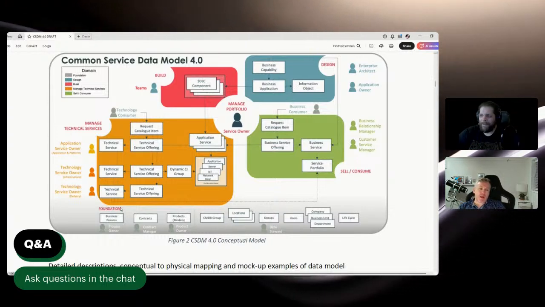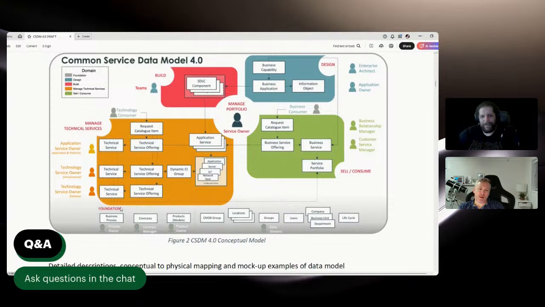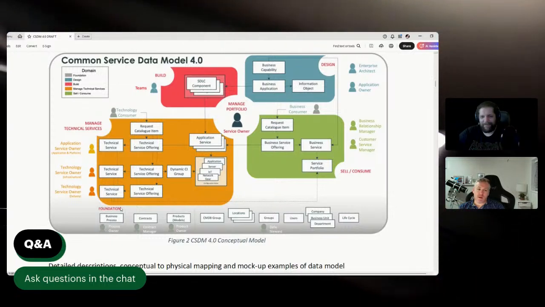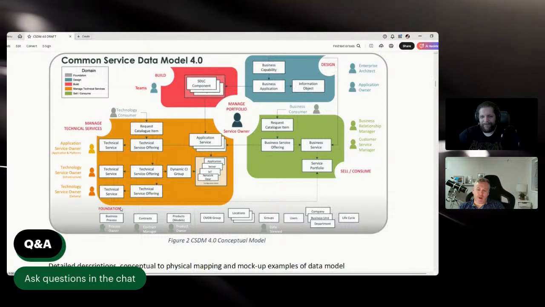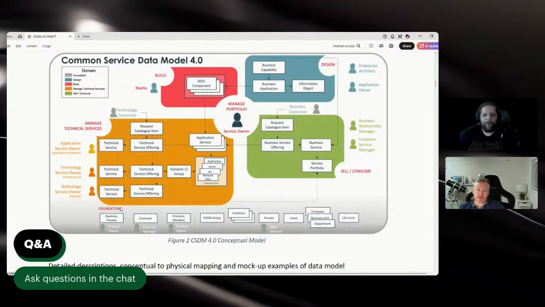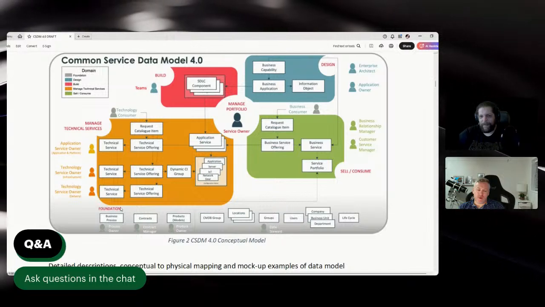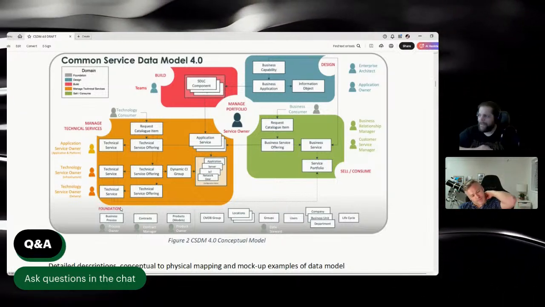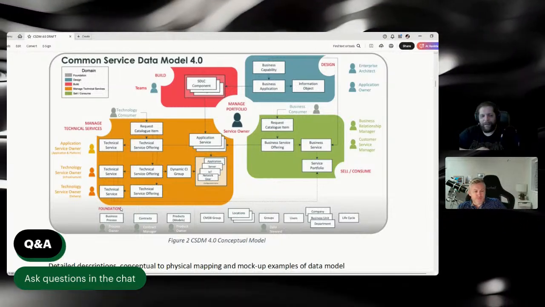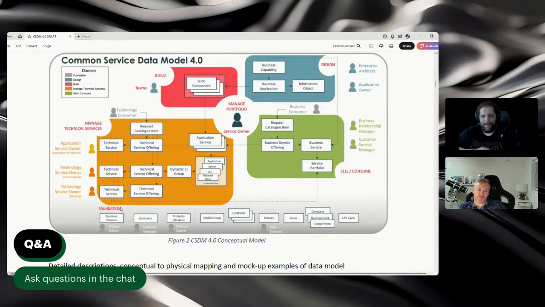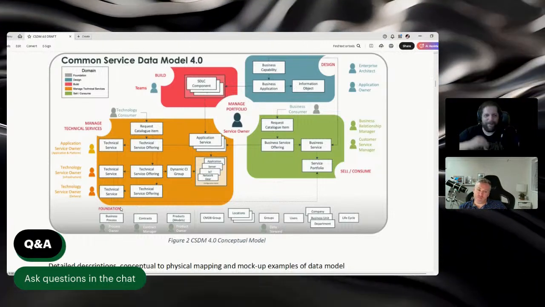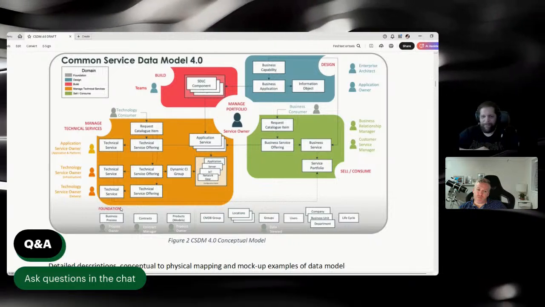That seems to be a bit of an issue. It's not really meant to do that. In what way? You don't know where to put things. Yeah. I haven't bothered, honestly, to go too deep into that. But I remember that having been an issue in the past, trying to model all sorts of Office 365 stuff into the CSDM.